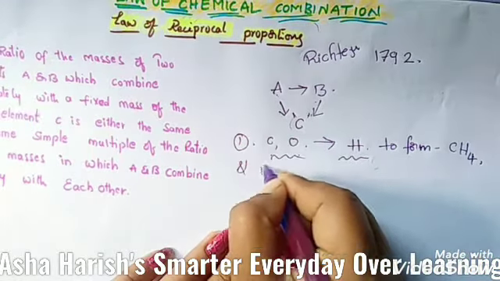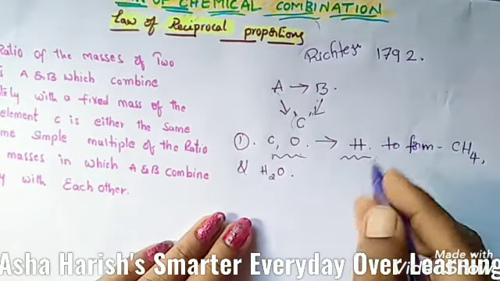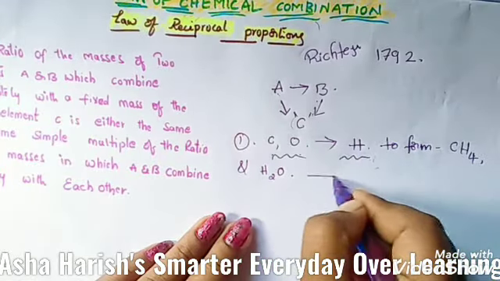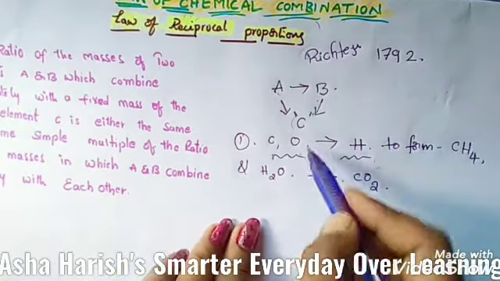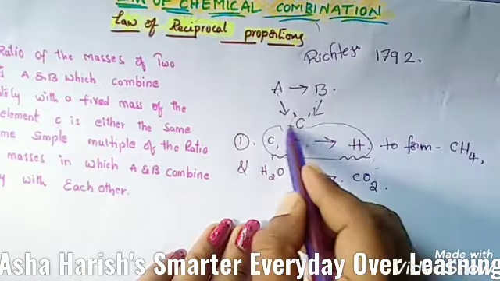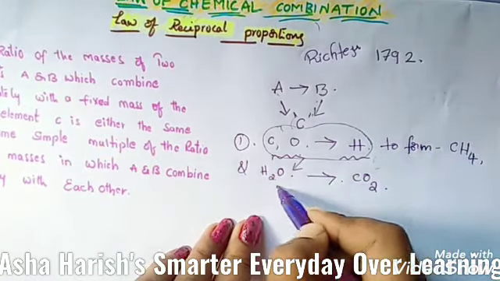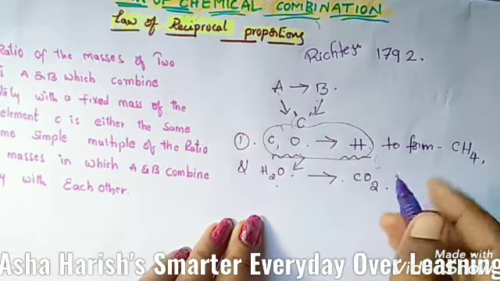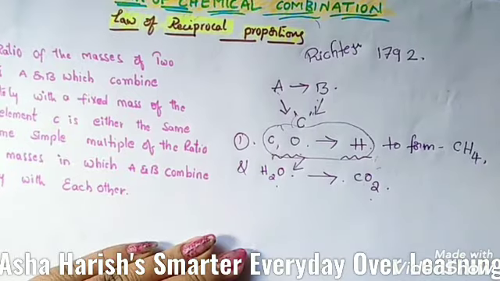And students, if you take the example of H2O, carbon and oxygen combine directly with each other to form CO2. Based upon these three elements, they combine to form H2O, and the other one forms CO2. Here let's see the diagrammatic representation for this formation.